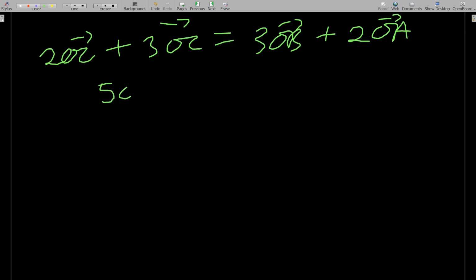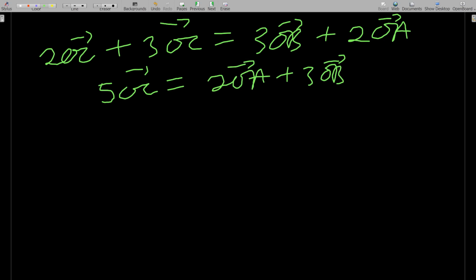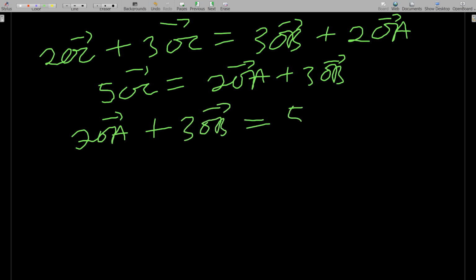Now this gives me 5OC being equal to 2OA plus 3OB. I can rewrite it as 2OA plus 3OB equals 5OC. So this is what we wanted to prove. This is the required proof. It is very simple.